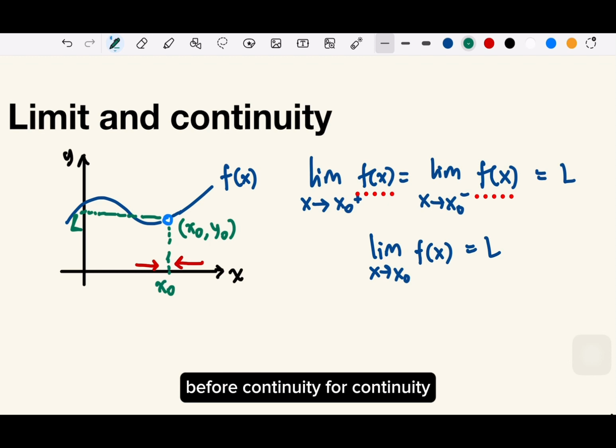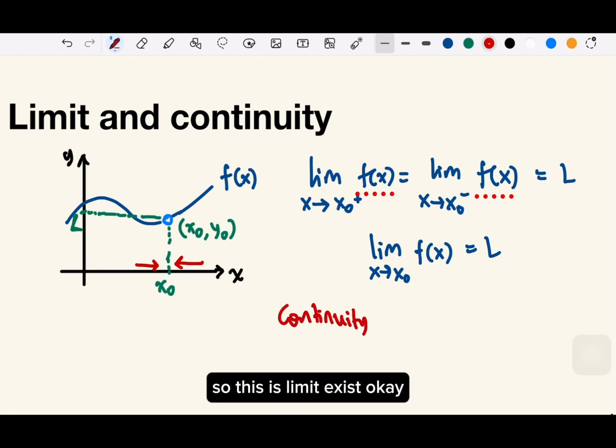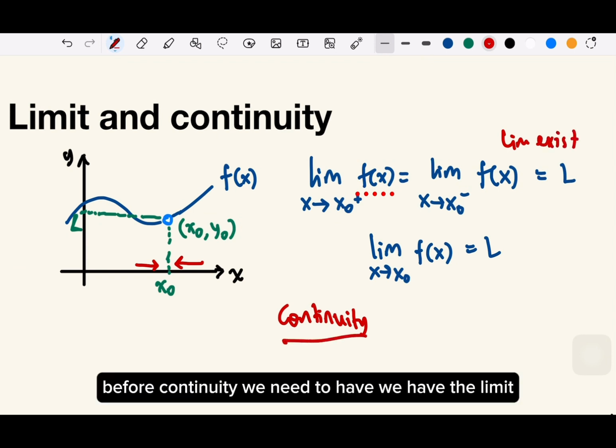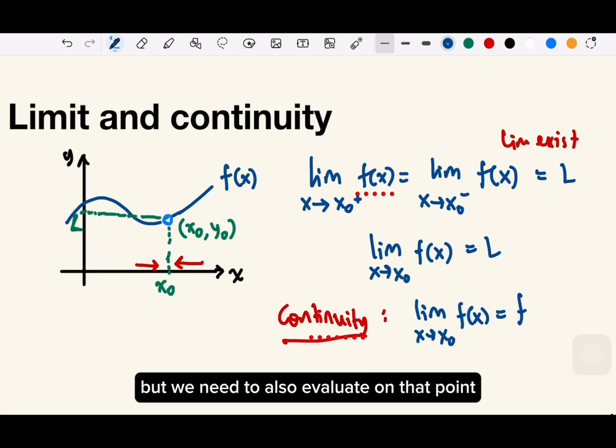So this is limit exists, okay? But for continuity, we have the limit, but we need to also evaluate on that point.